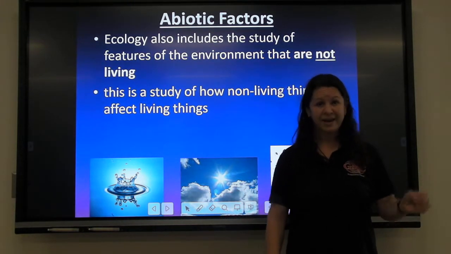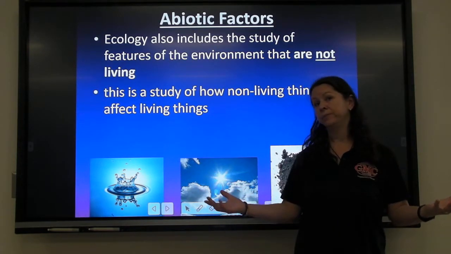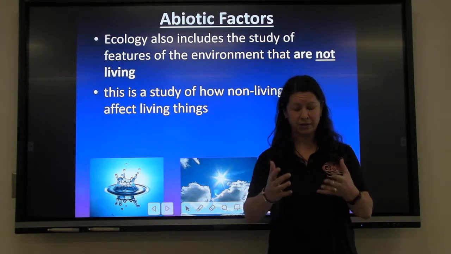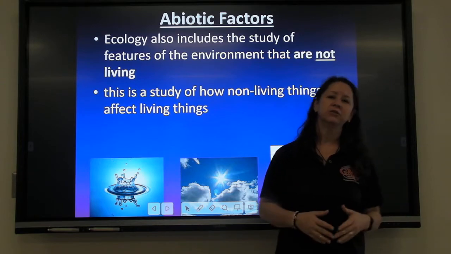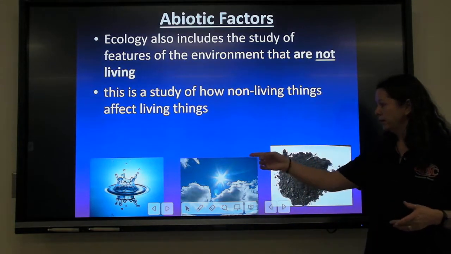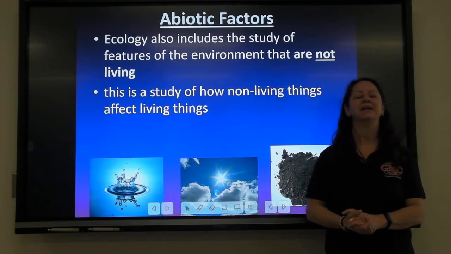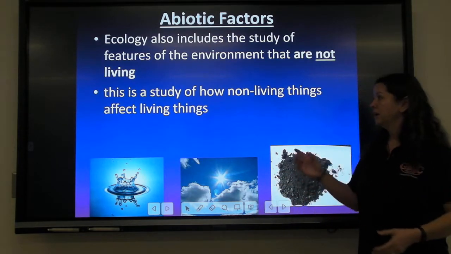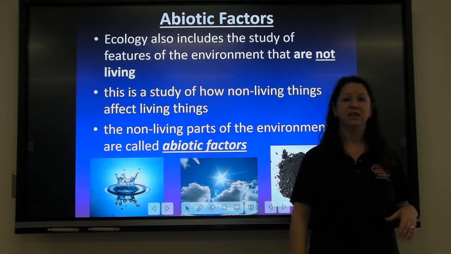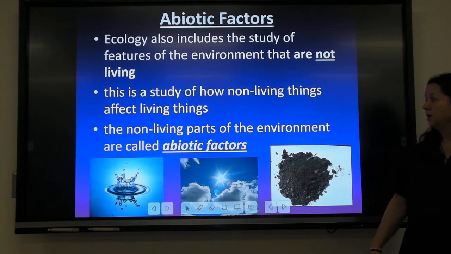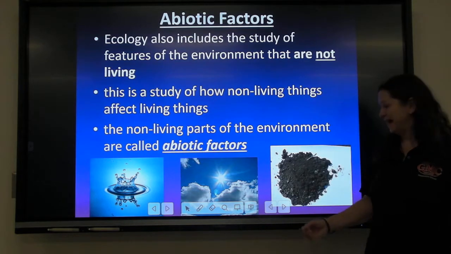But the other things that we have to stay alive are air, you have to breathe, and oxygen, sorry, and water, all right? Water and air, those things are non-living. So without air and water, we don't live. Without sunshine, there's no plants. And sunshine is non-living. Right? So that's how they affect these living things. All non-living parts of the environment are called abiotic factors.